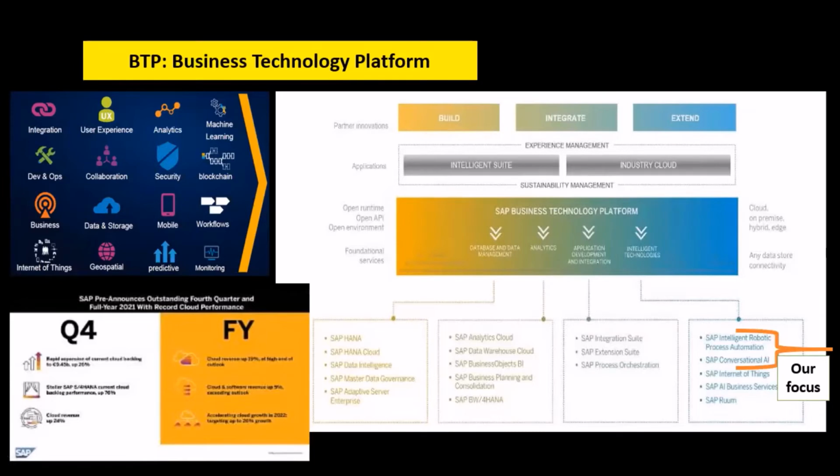So in the course, we'll be learning the basics of BTP. Those who are already working in BTP obviously know, but others might have heard the word BTP, and it's going to be the future, because many companies are now moving to cloud, so BTP is now the prominent product of SAP.